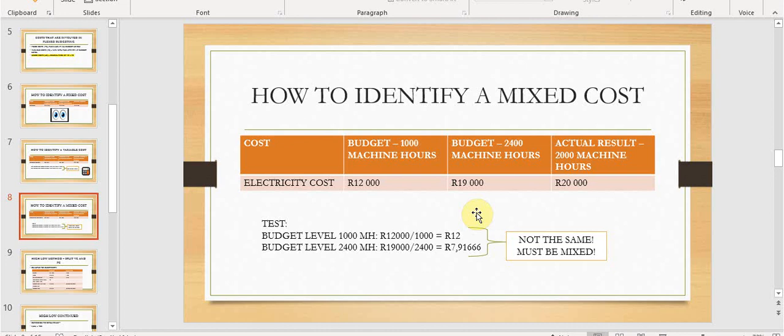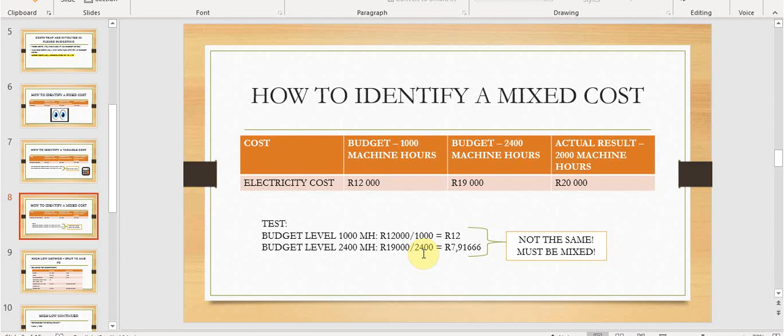So again, I'm going to go back to my calculation of division. For the budgeted level of 1,000 machine hours, 12,000 divided by 1,000 gives me 12 rand. Then at the budgeted level of 2,400 machine hours, it's 19,000 divided by 2,400. And now you see that the answer is indeed not the same.